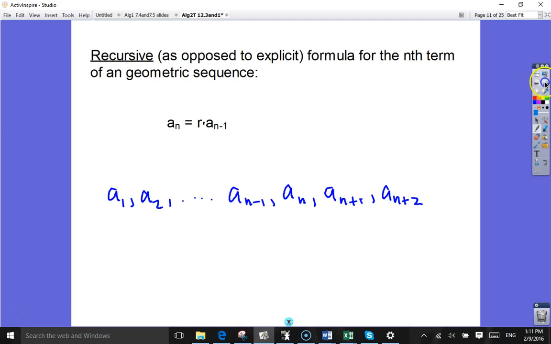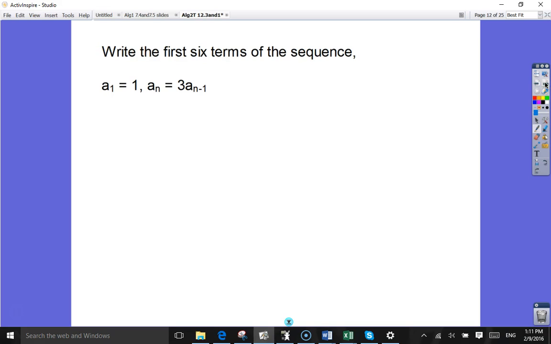So let's see. We'll do a couple of these. Looking at this here, what is the value of r? r equals 3. Right? It's the number you're multiplying the term before by to get the next term.